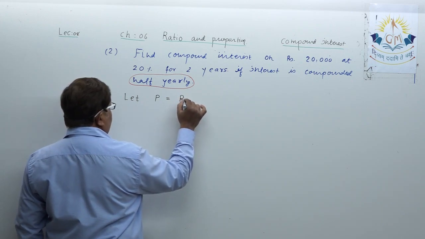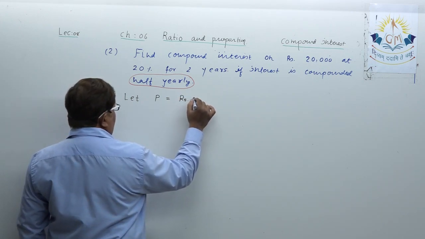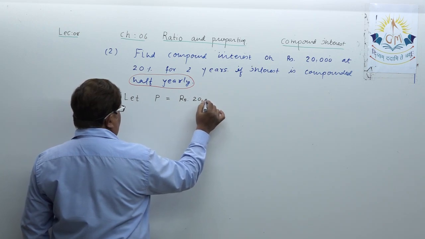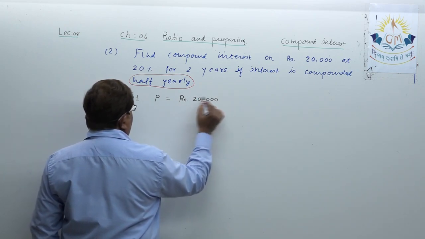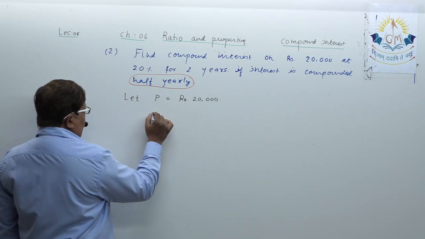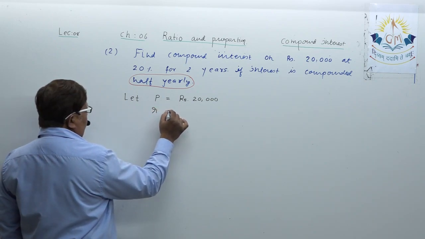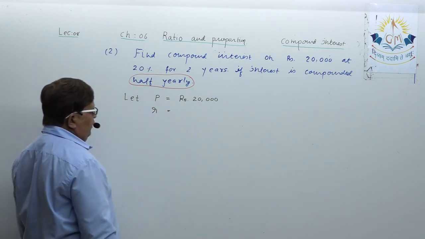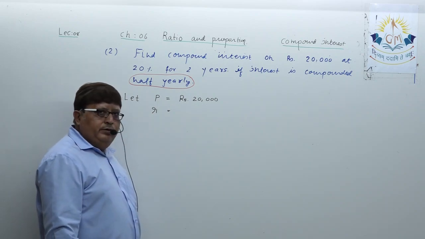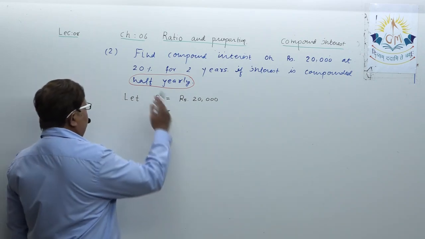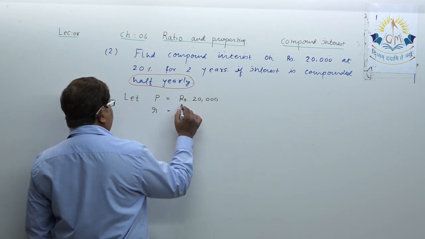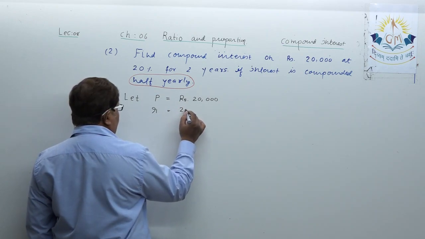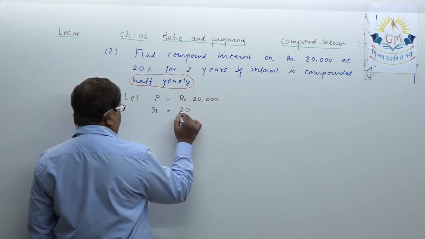Rupees 20,000. Okay, as you all know, because the interest is counted half yearly, the rate of interest has to be halved.